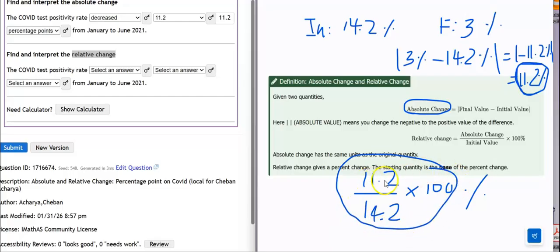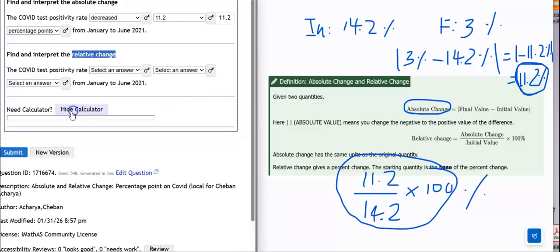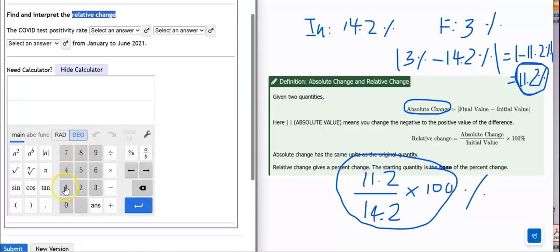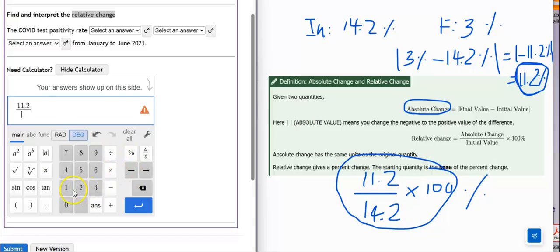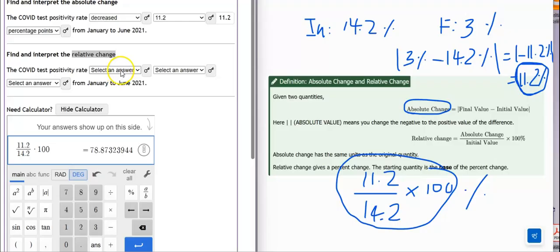So you divide 11.2 by 14.2 and multiply by 100. Let's do here. So 11.2 divided by 14.2, okay, and you get that, you multiply by 100. So you get 78.87%. Let's choose the answer.